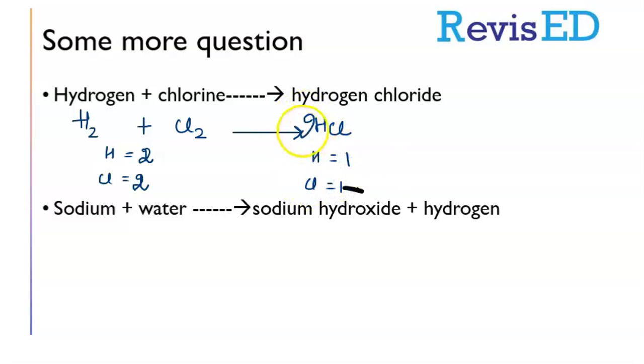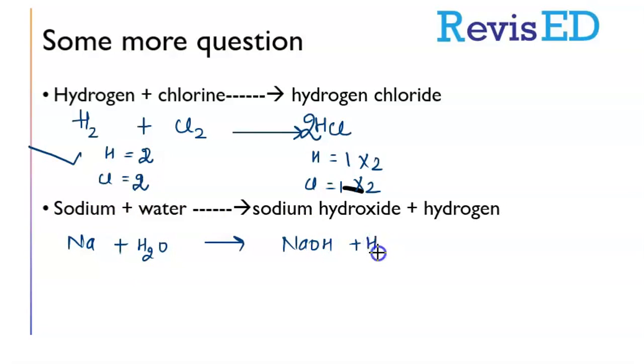Simply multiply it by 2. Just multiply it by 2. It is balanced.